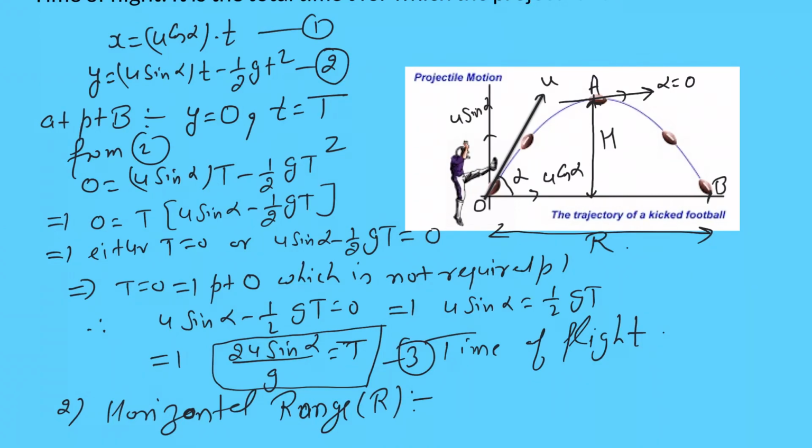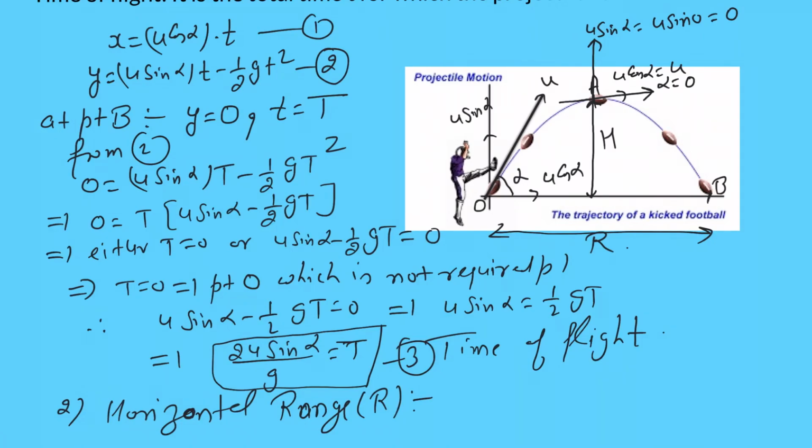So the horizontal component of velocity is u cos alpha, equal to u. And the vertical component of velocity is u sin alpha, equal to u sin 0, equal to 0. So I can infer from here that the vertical component of the velocity will become 0 at the maximum height.